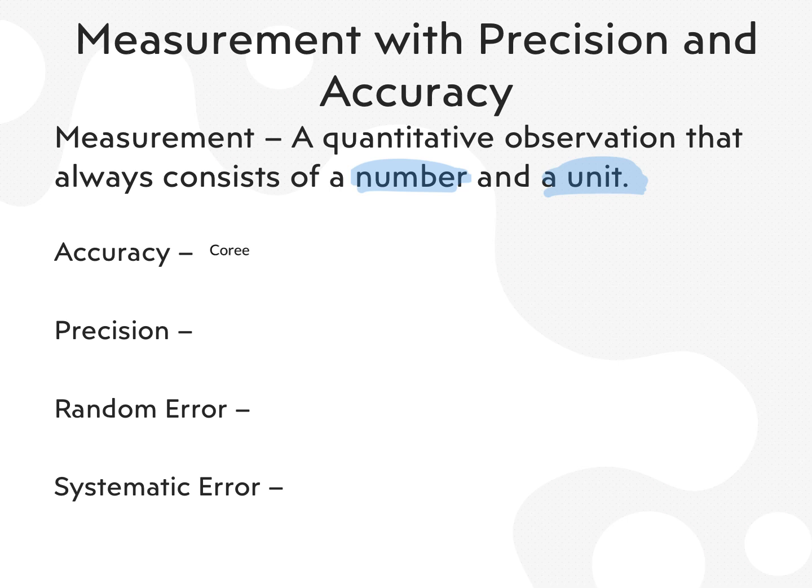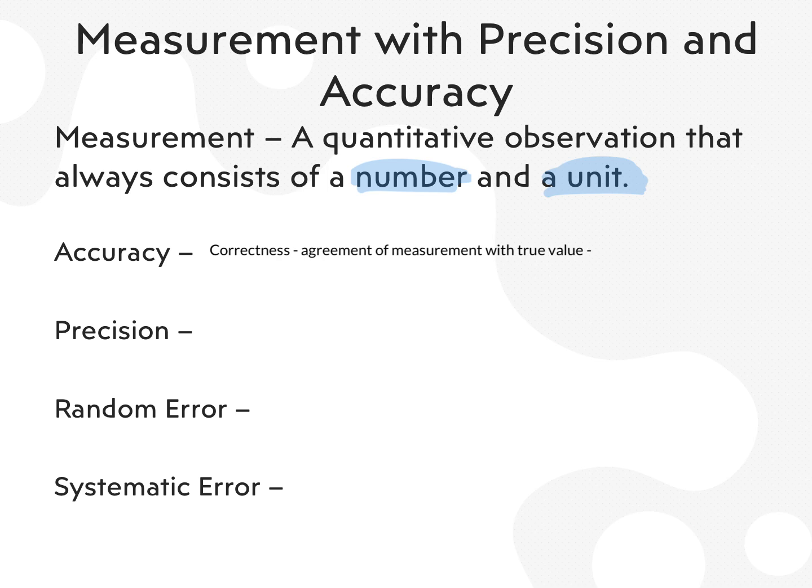Accuracy is the correctness, or the agreement of a measurement with the true value or the accepted value.